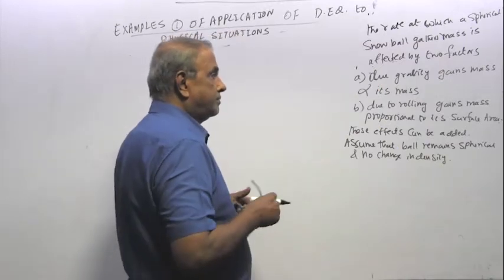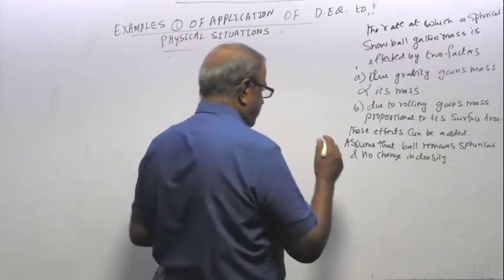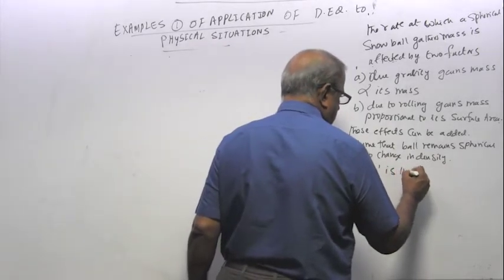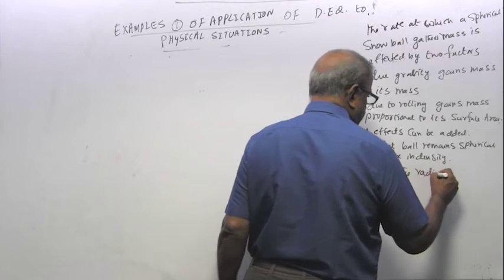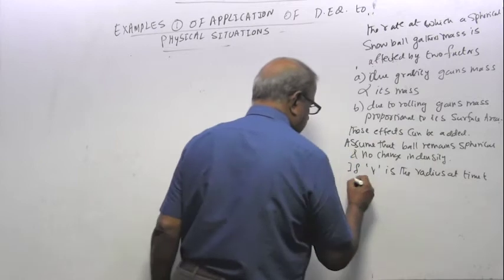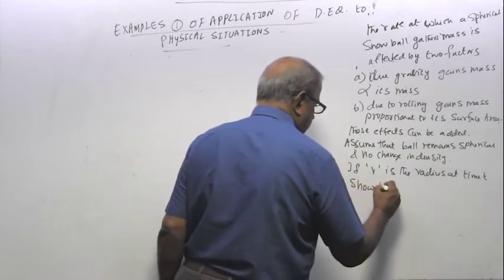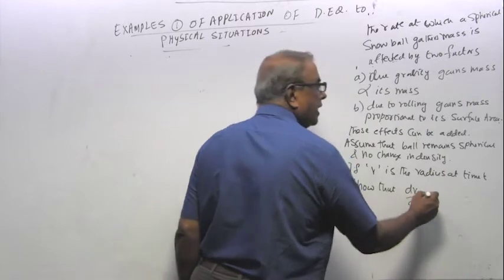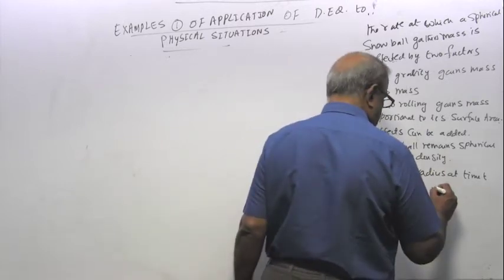If R is the radius at time t, show that dr by dt equals A plus br.